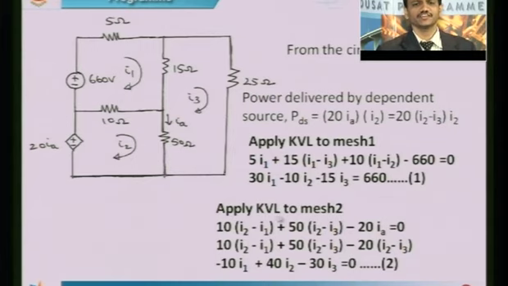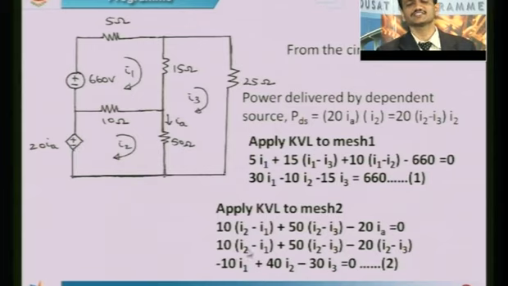Next, apply KVL to mesh 2. So, here is mesh 2. So, plus 10 into I2 minus I1. Now, 10 ohms is actually shared between 1 and 2. We are applying KVL to mesh 2, so it has to be plus I2 minus I1. So, plus 10 into I2 minus I1. Next, plus 50 into I2 minus I3, minus 20 IA.